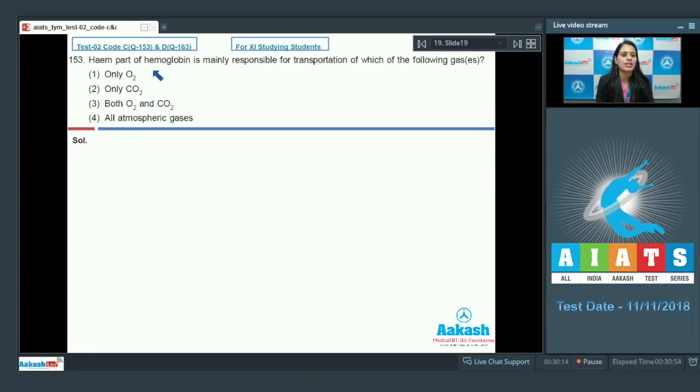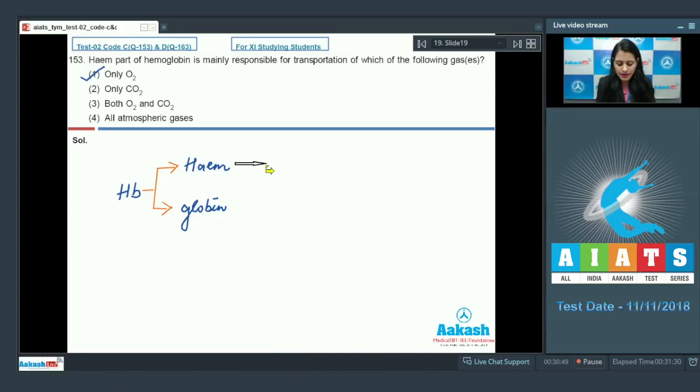Question number 153. Heme part of hemoglobin is mainly responsible for transportation of which of the following gas or gases? The very first option given is only O2, and this is a correct answer because hemoglobin consists of two parts, that is heme and globin.